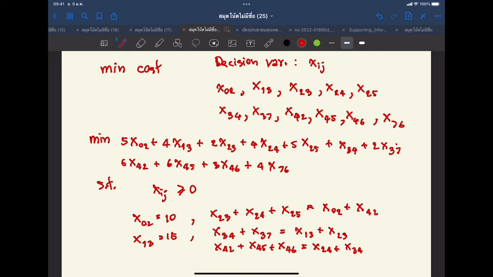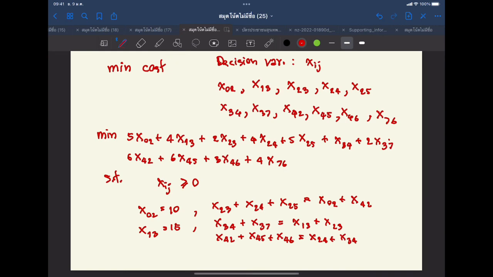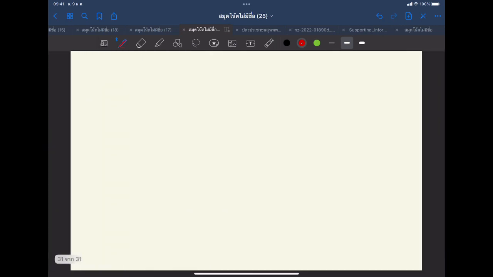Okay, for node 5 we have 9 is x25 plus x45. Okay, and for node 6 we have 10, right, leaving the system.